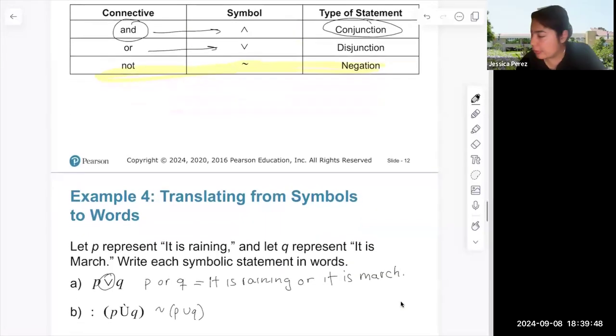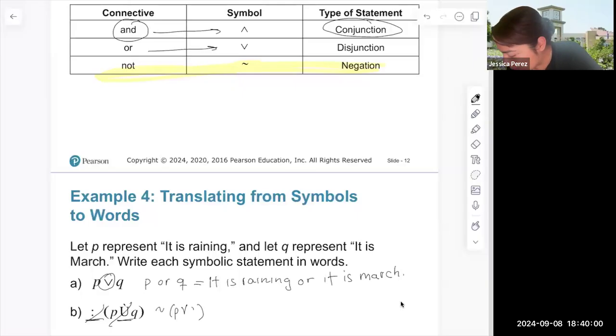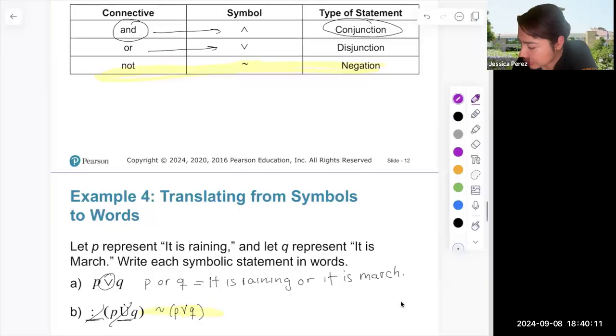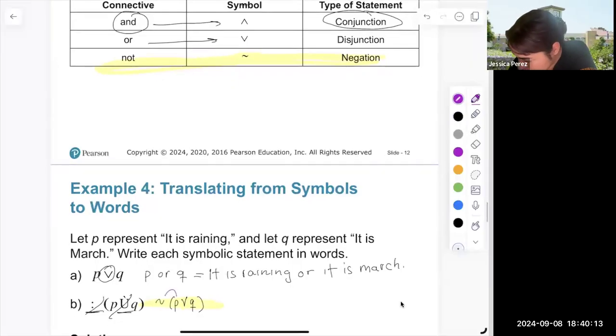Now, this is a different one. This symbol is a little squiggly, and this should look like this. So let's fix our typo first. So this is a typo. This means that this negation is going to distribute here, here, and here.